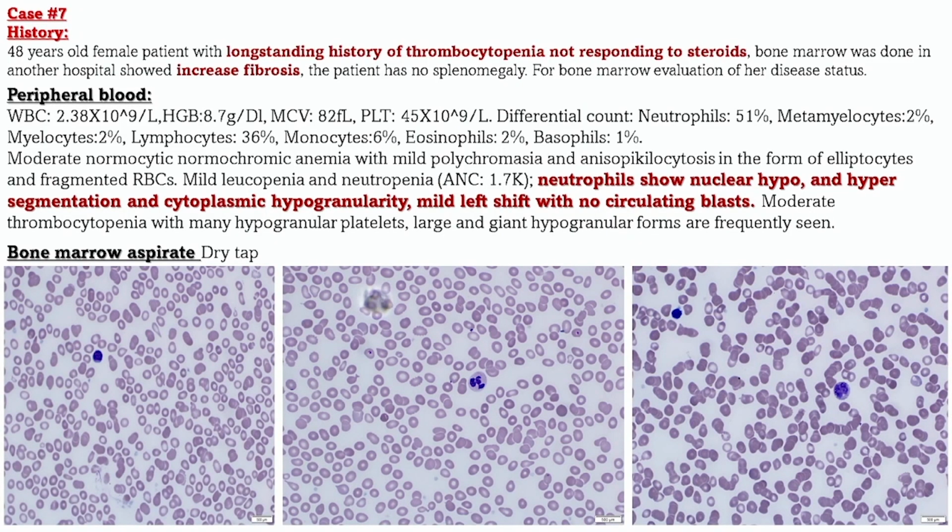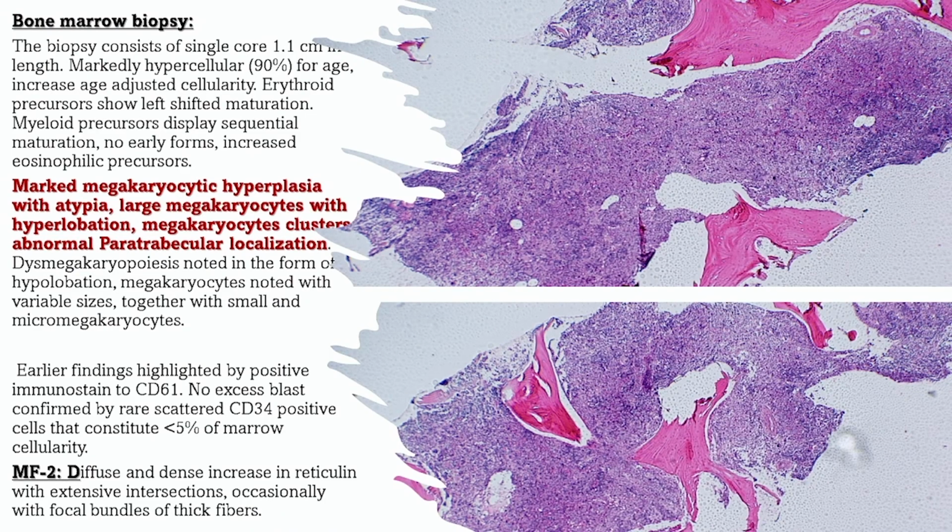His bone marrow showed dry tap. As you can see here, the biopsy consists of a single core. It is a markedly hypercellular bone marrow, with increased age-adjusted cellularity, marked megakaryocytic hyperplasia with atypia, large megakaryocytes with hyperlobation, and megakaryocyte clusters seen. There is paratrabecular localization, as you can remember.